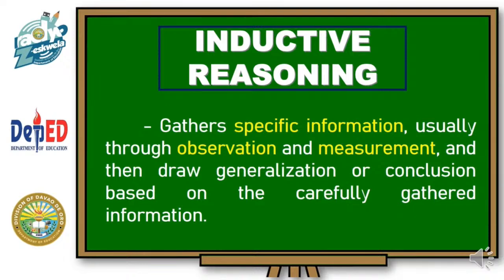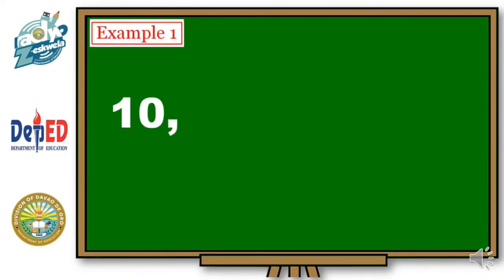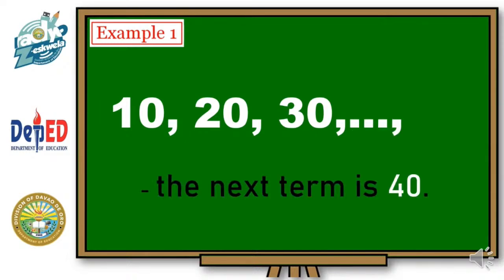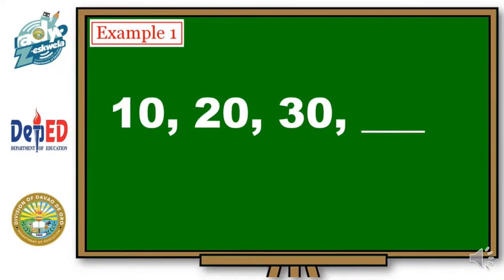Let's have another series of examples that show inductive reasoning. First example, in the sequence 10, 20, 30, the next term is, yes, 40. Inductive reasoning allows you to make a general rule from specific examples. Like in our example 1, you are given a sequence with first 3 terms, 10, 20, and 30.